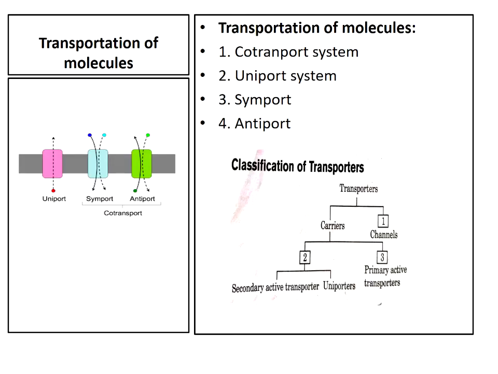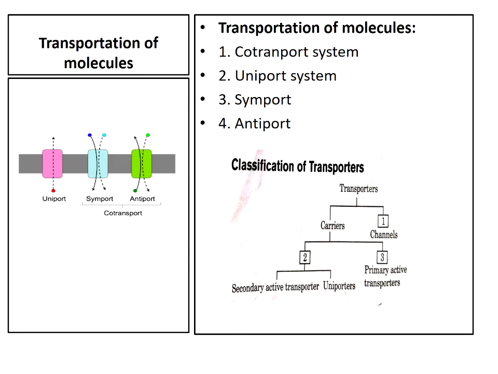And the next concept is the transportation of molecules. Transportation of molecules is of different types, and the first one is co-transport. In this, the transfer of one solute depends upon the sequential transfer of another solute.